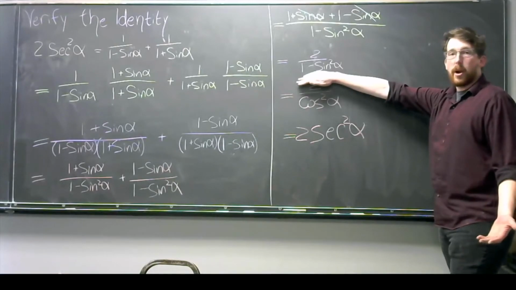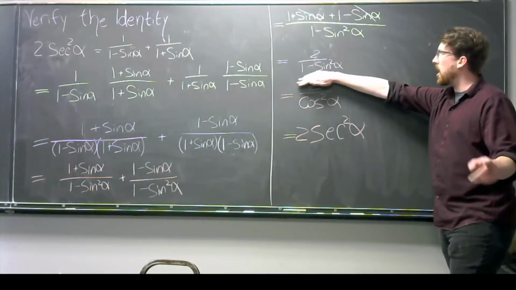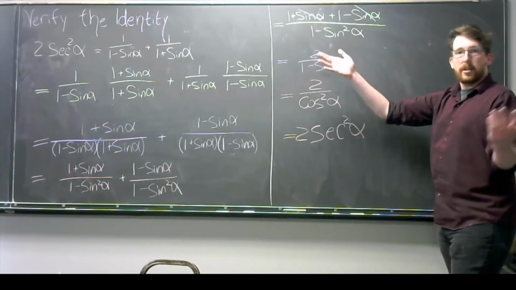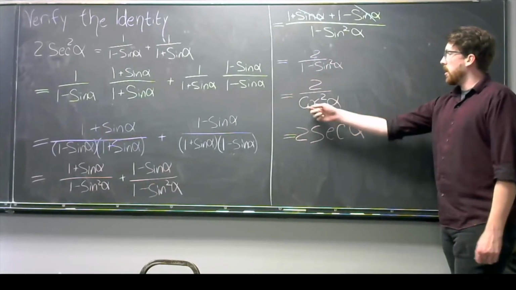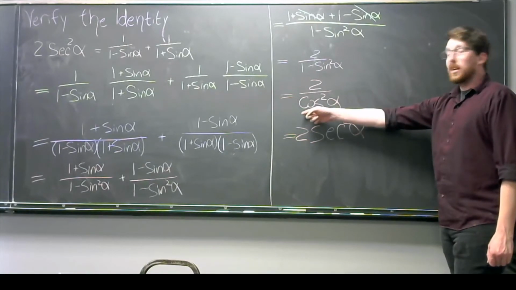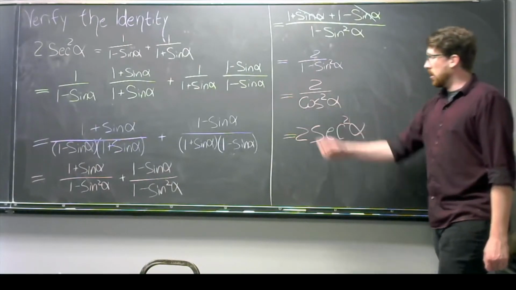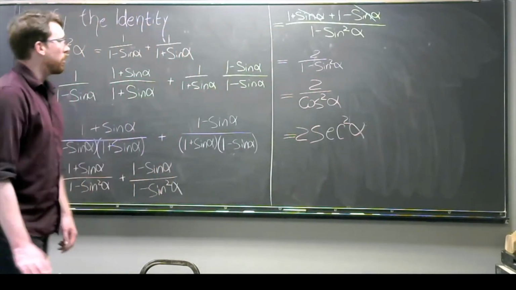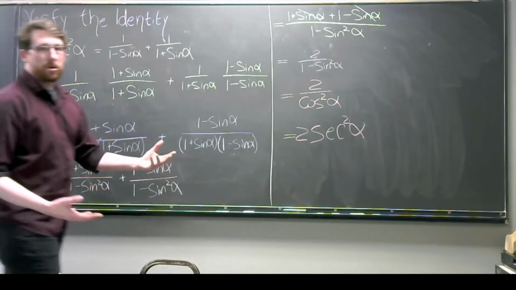That looks like nowhere at first until we say, hey, wait, I've got an identity for this. 1 minus sine squared is cosine squared. And 1 over cosine is secant. And we were able to work it the rest of the way out. So again, this is going to be the trick.